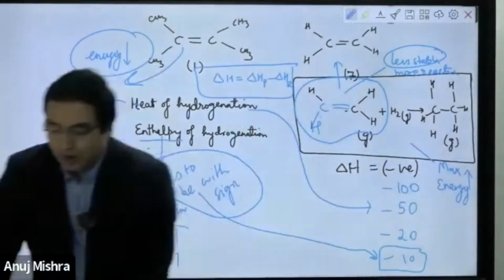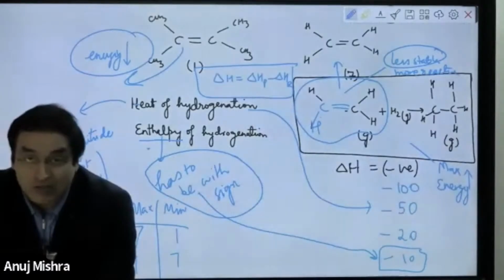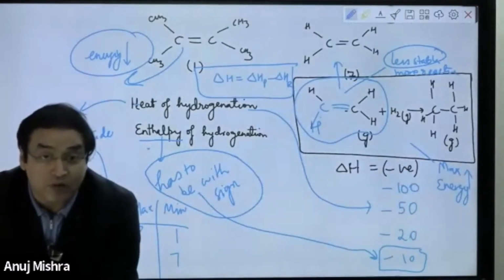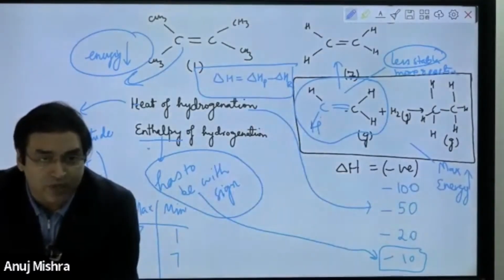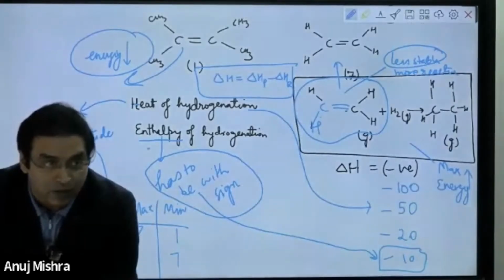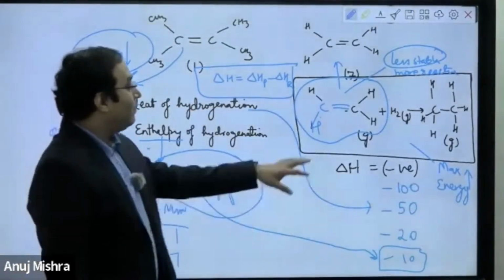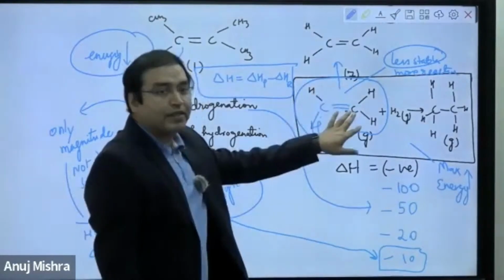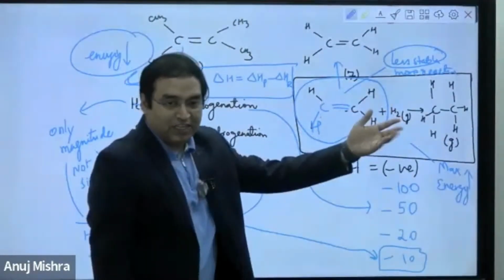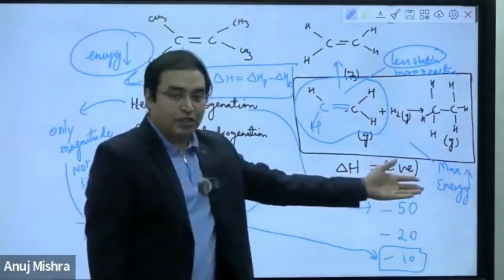Whatever I have told is also applicable for another term called combustion. What is combustion? Burning with oxygen. So as you do the hydrogen reaction, it is the same as burning with oxygen. An alkene which is less stable and more reactive will burn quickly and easily, and will release a lot of energy.